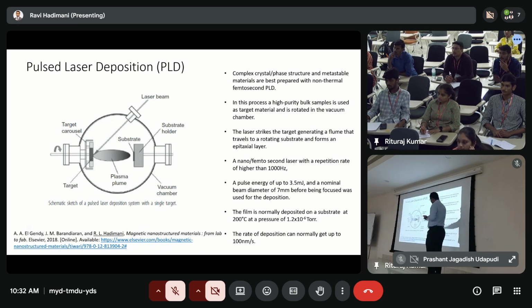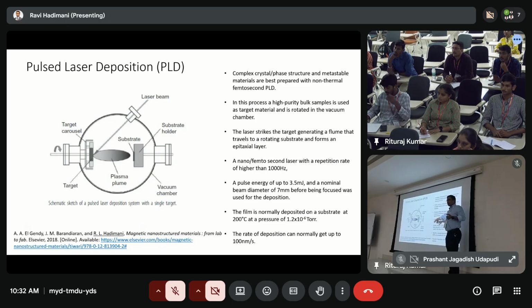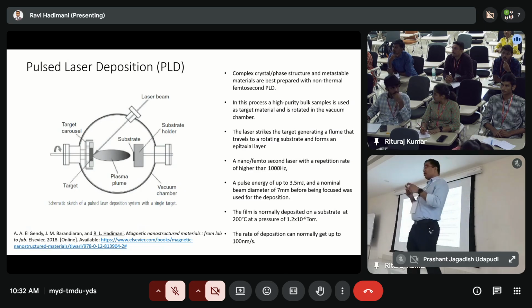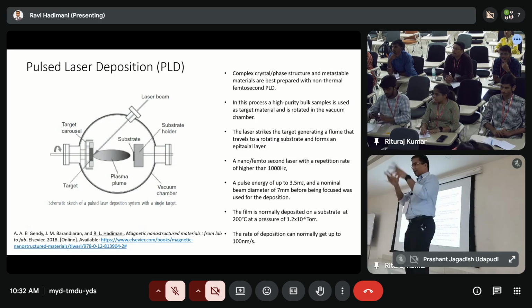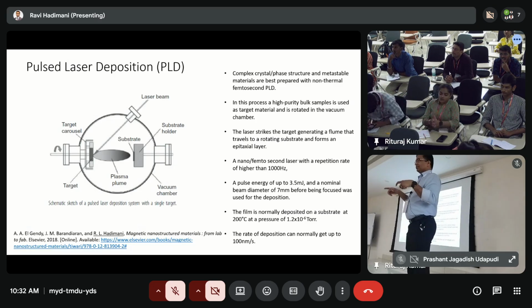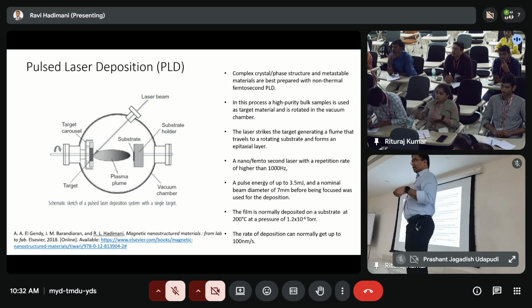So nanosecond laser is high temperature, femtosecond laser is low temperature. If you have really complex materials, say five elements, like a high entropy alloy or some gadolinium, germanium, silicon with some addition of iron in it for some special application, you have a really complex material.